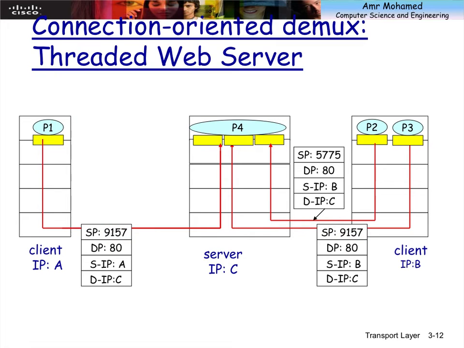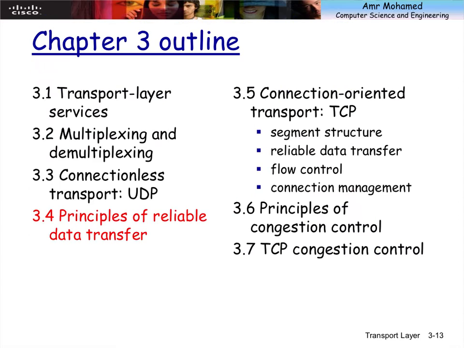You can have the same application with multiple threads. Each thread will have a different socket, and of course a different source port. So this is called a threaded web server, or threaded application in general. Any question so far?